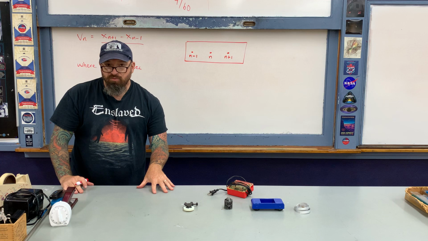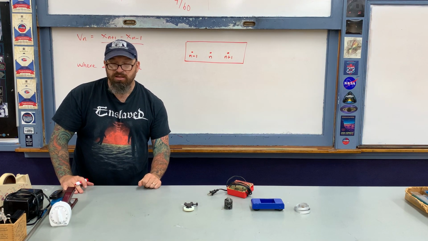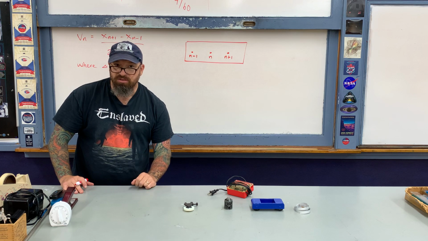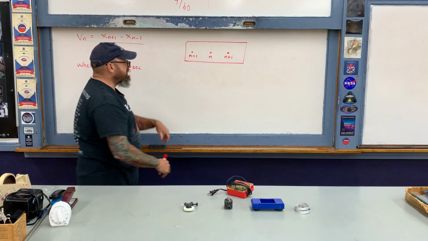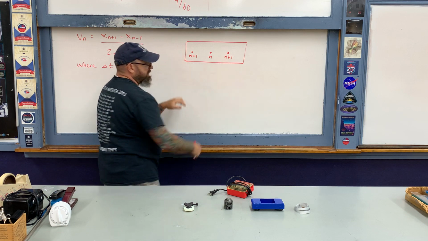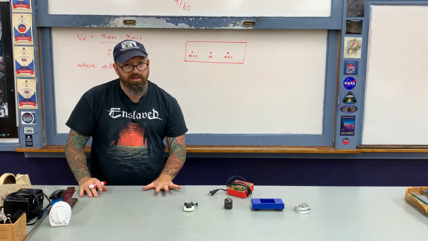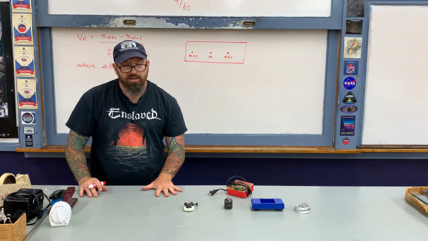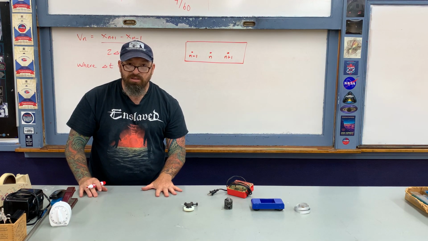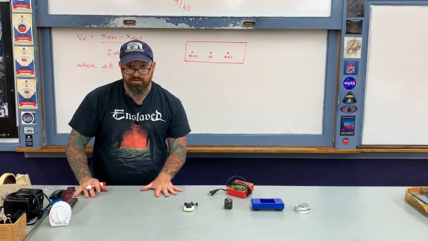So notice that this formula kind of looks a little bit like an average velocity as opposed to an instantaneous velocity, because after all, it's just calculating this distance here divided by the time between these two dots. However, through a long, laborious derivation that I'm not going to perform for you here in lecture, ultimately what we are in fact calculating here is an instantaneous velocity, the velocity at the nth dot.